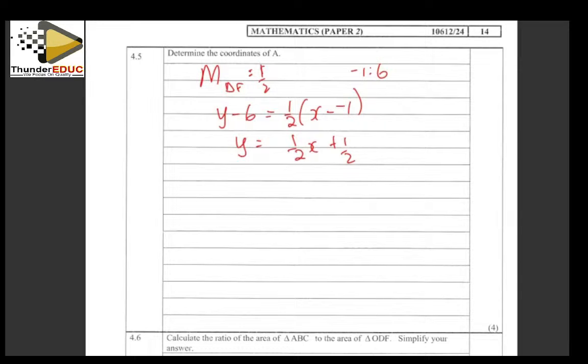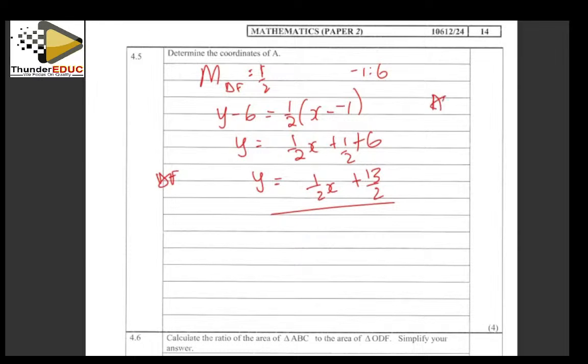I'm saying a half x because x minus -1 is giving us just a half. And then if we take the 6 that side, it's going to be +6. So which means the equation is going to be a half x plus 13/2. Now, this is the equation of DF.